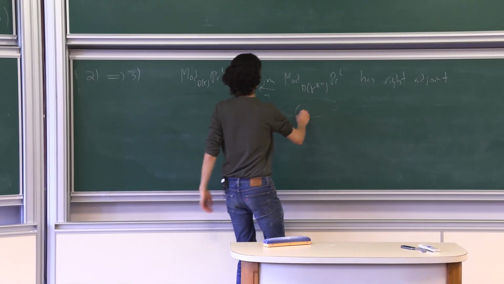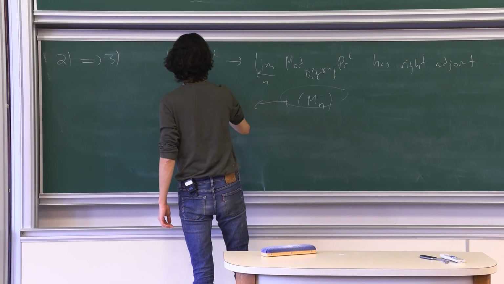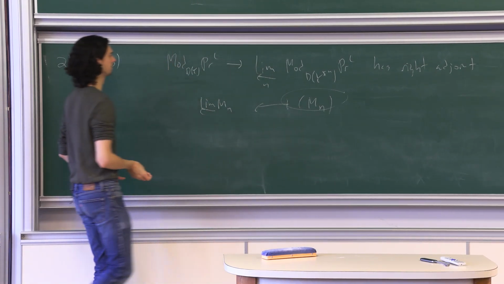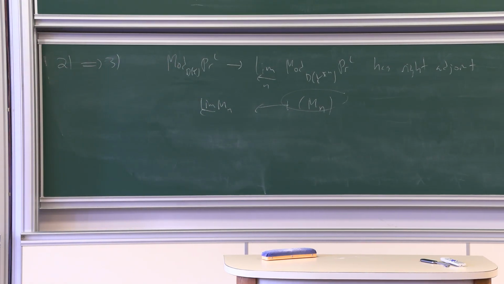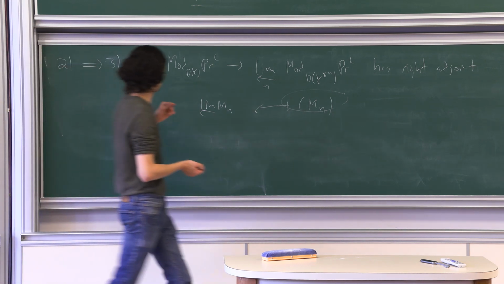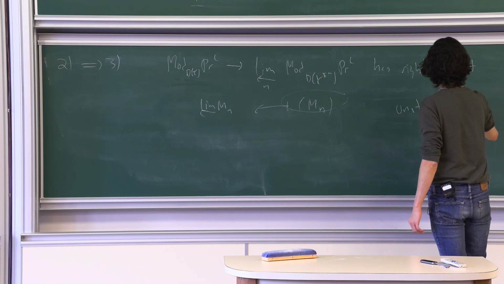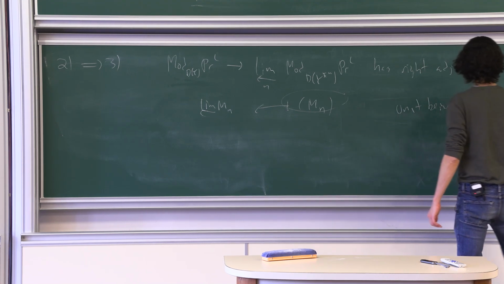So it's like taking a system of modules M_n, and then you go to the limit of the M_n. And you want to check that the unit and the co-unit of this adjunction are isomorphisms. So the unit being an isomorphism, this is exactly 2.